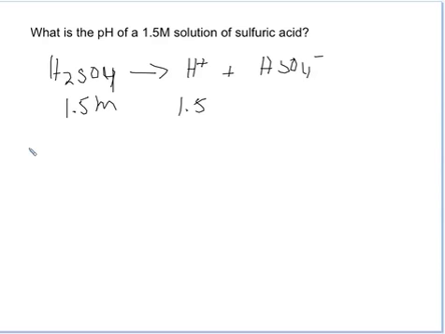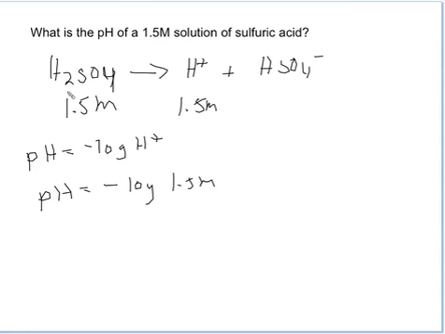Then you would just go pH equals a negative log of the H plus. So pH equals a negative log of 1.5 molar, because H2SO4 is a strong acid. So your pH would then equal negative log of 1.5, which equals a negative 0.18.